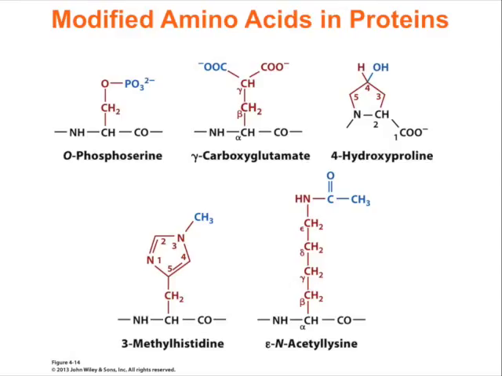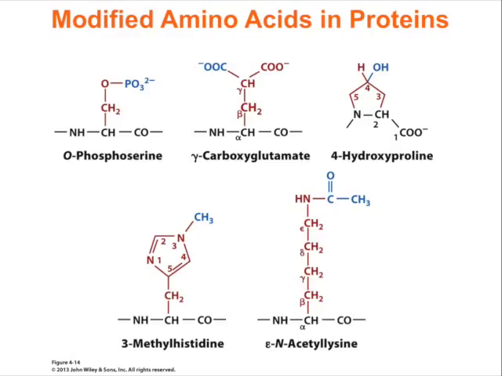Some are slightly modified and some need to be modified in order to carry out their proper function. Now, modification will affect things like charge. It affects the characteristics, the solubility of an amino acid. And therefore, it can affect how a protein will shape itself, how it will interact with other proteins, and therefore it will affect its function.